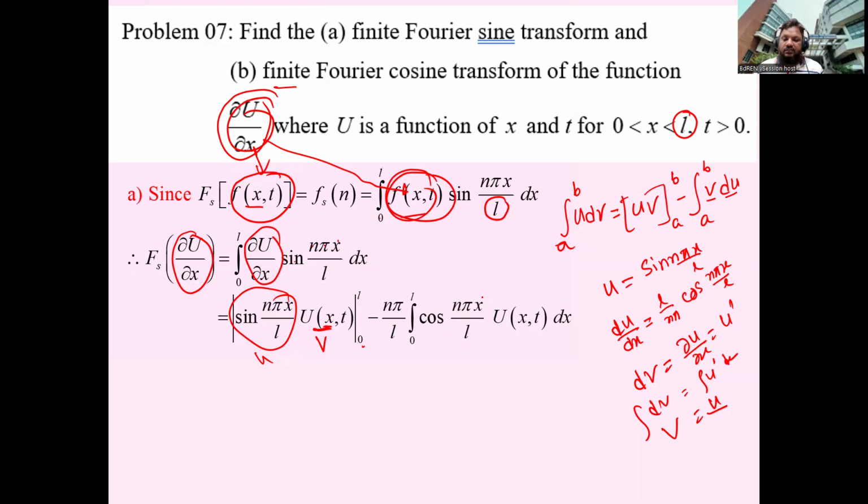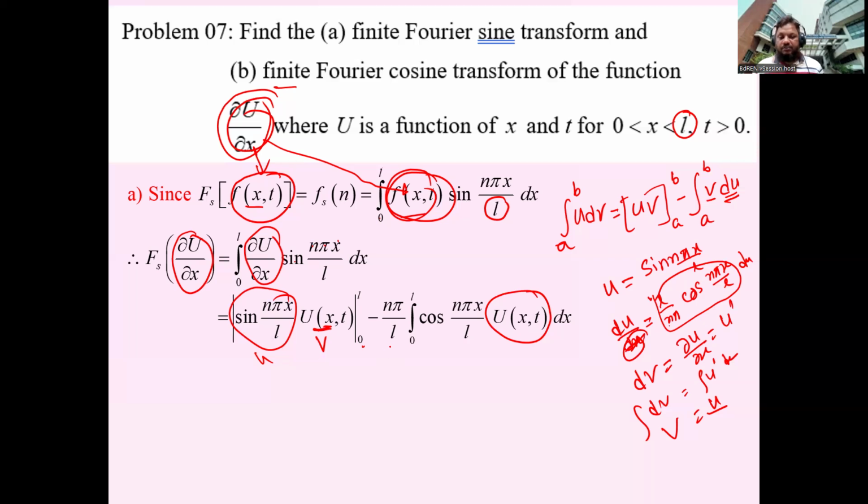V is u of x,t, and du is L by n pi cos n pi x by L dx.